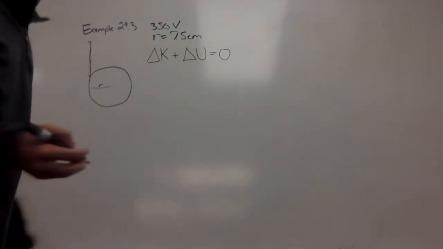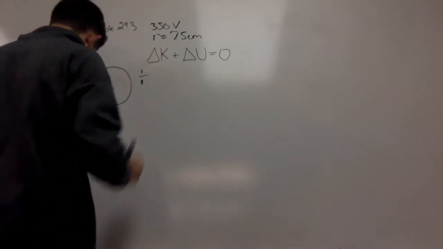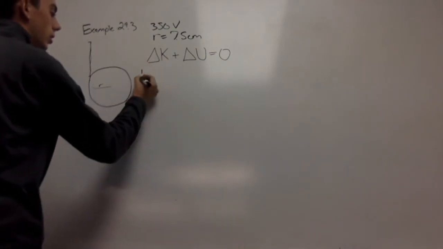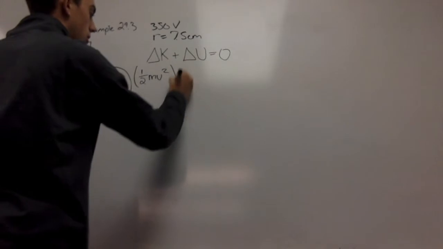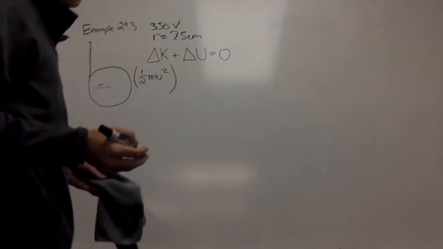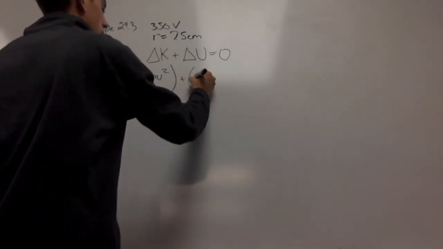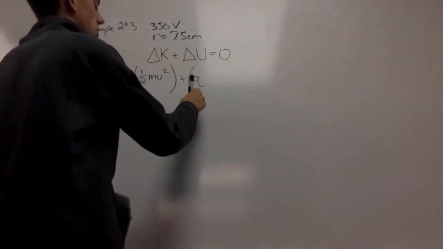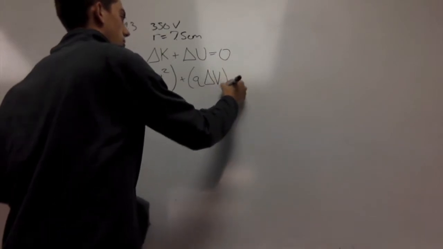So for kinetic energy, we know it's 1/2 mv squared, and for the potential energy, since we're working with electric fields, it's going to be the charge of the particle times the change in voltage.